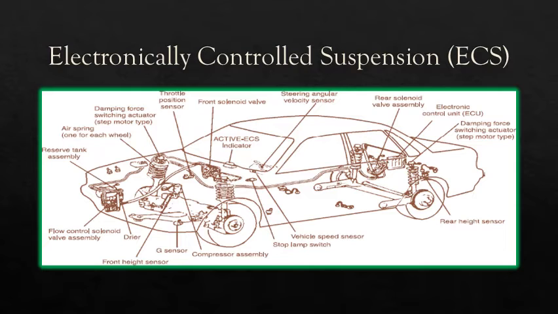When cornering, for example, two sets of sensors are used. Either the steering angle and the vehicle speed input determine the processor instruction to the air spring and damper valves, or a triaxial G-force accelerometer gives information on lateral acceleration so that changes can be made.